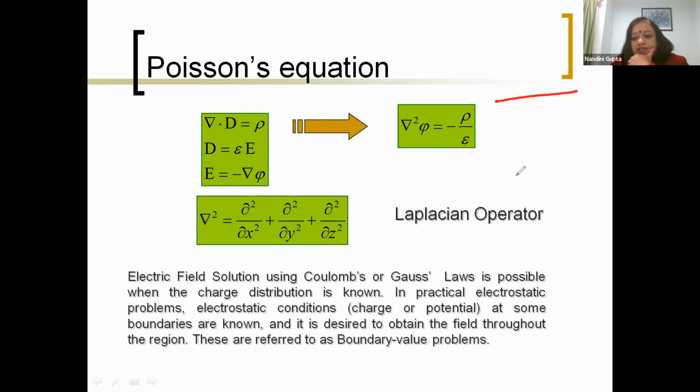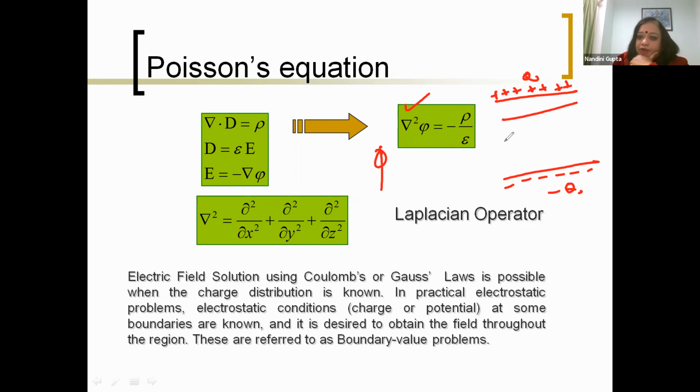Let us take our case of a parallel plate capacitor. You will have charges here. Now, what will we get if we solve this? This is a differential equation. If I solve this equation, I will get phi, which is my potential. So I will be able to obtain the expression for the potential at every point, and I will get the equipotentials.